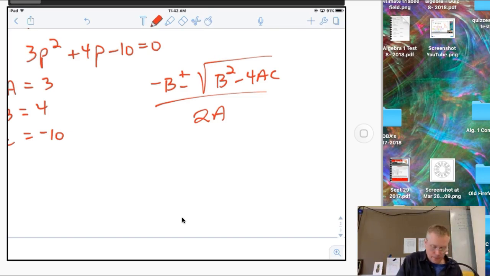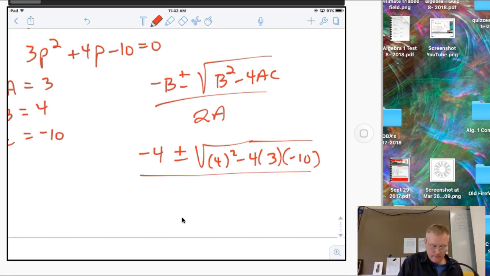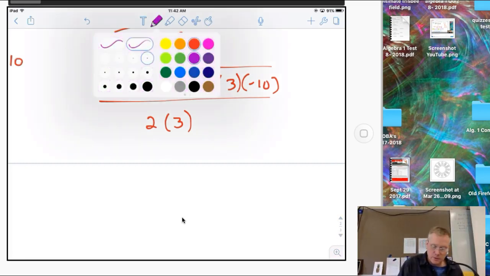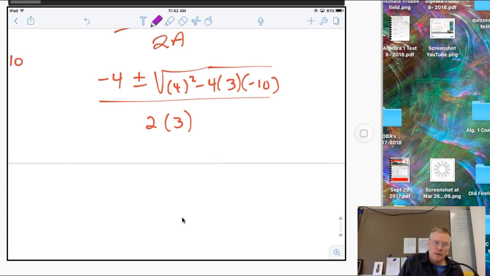And so negative b will be negative 4 plus or minus the square root of b squared minus 4 times a is 3, c is negative 10, all over 2a. All right, so all I did was plug in the numbers so far. I know I did it quickly, just in the interest of time. It is a video. If you need to slow it down and back up to make sure I did it right, please do.